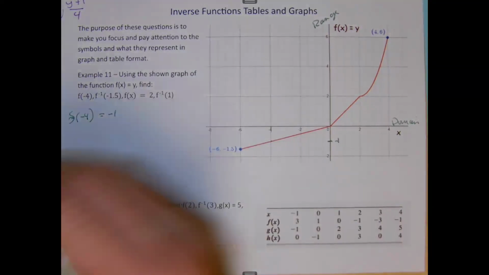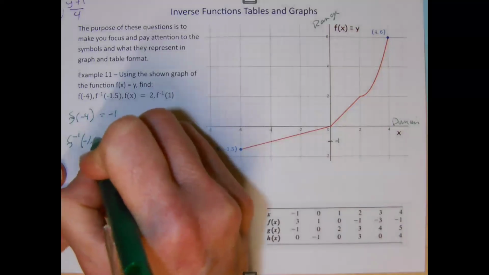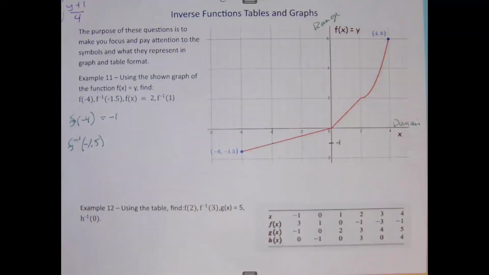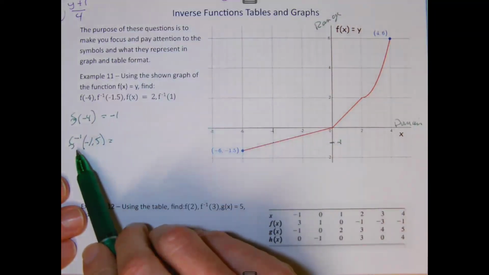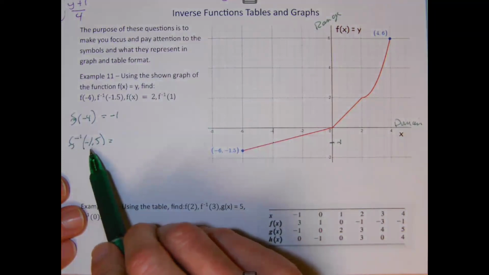Great. Now let's see. f inverse of -1.5. Okay, but now notice this thing is static. Starting from the domain of f inverse, where does -1.5 come from?